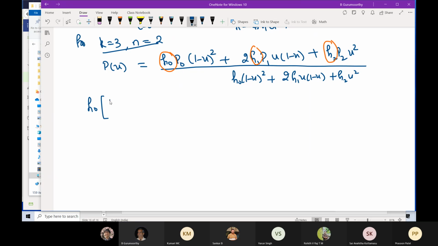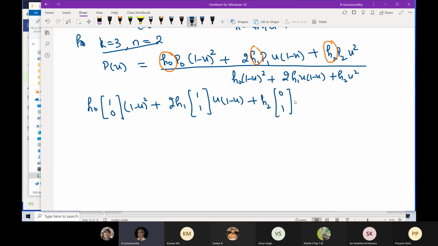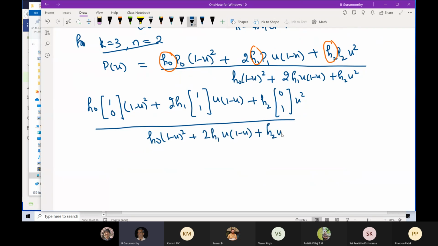So this is (1, 0) into (1 minus u) whole square plus 2h1 into (1, 1) times u into (1 minus u) plus h2 into (0, 1) u square, divided by h0 into (1 minus u) whole square.